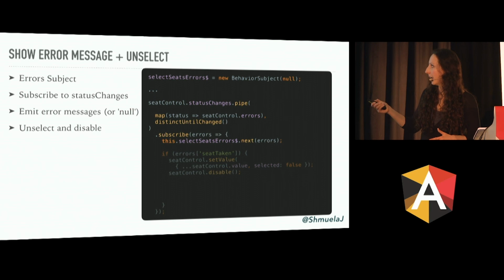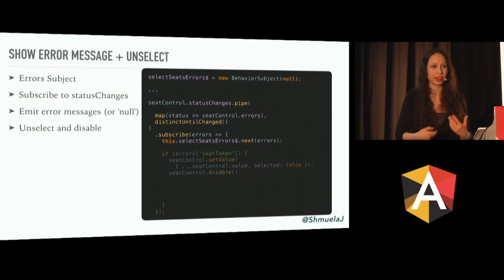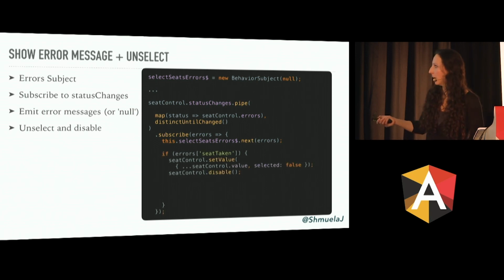Okay? And also, I want to make them distinct. And I can subscribe. Again, there are different methods to do this. I can also do this without subscribing. But here I subscribe, and I emit the errors to this subject whenever there are any. So now I'm controlling the errors themselves.